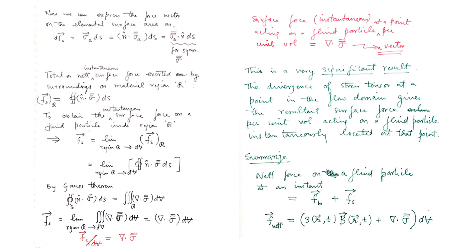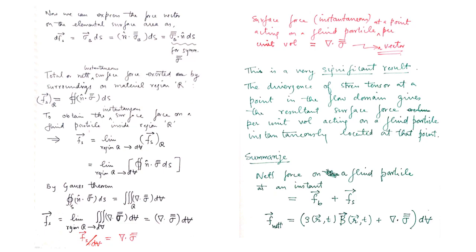Okay, so stress vector σ_B ds can be written as n cap dot stress tensor at point B, and of course multiplied by ds. And for symmetric tensor σ, we can write it in this way, we can just flip the dot product by writing σ_B first and n cap later on.